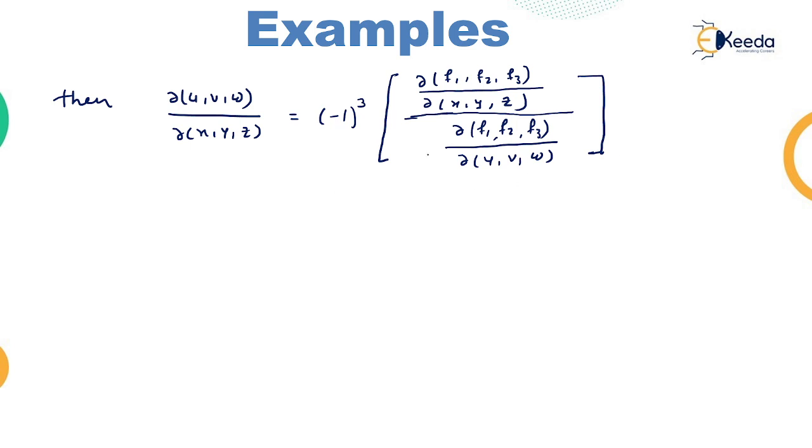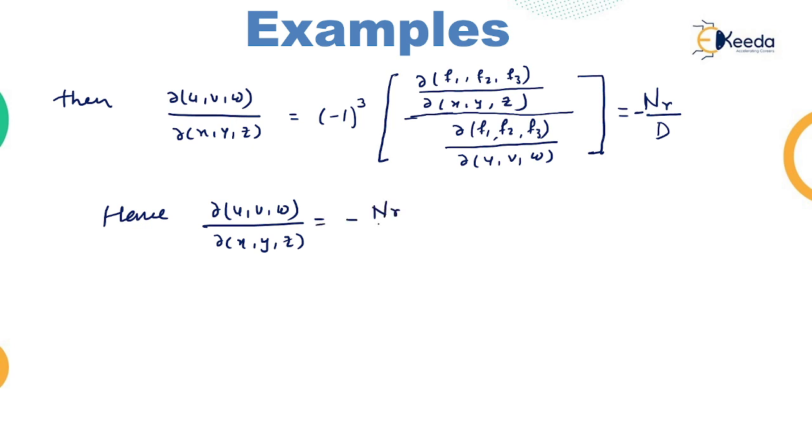I hope you understand. We say it is numerator upon denominator. But you know the value is negative, because (-1) raised to 3 is minus. Hence ∂(u,v,w)/∂(x,y,z) is equal to minus of numerator upon denominator. So you see what the numerator and what the denominator is.